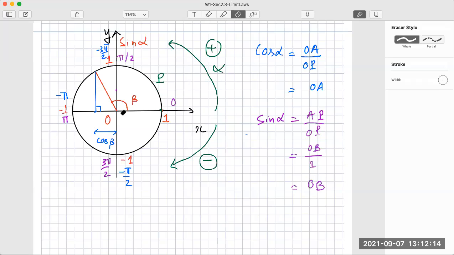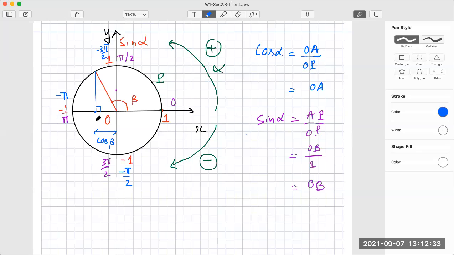If someone asks you, if we're given an angle larger than pi over 2 and smaller than pi, would the cosine of that angle be positive or negative? Then you can visualize your unit circle in your head. We see it is in the second quadrant, project to the cosine axis, it is a negative number. So the cosine of this angle will be negative.